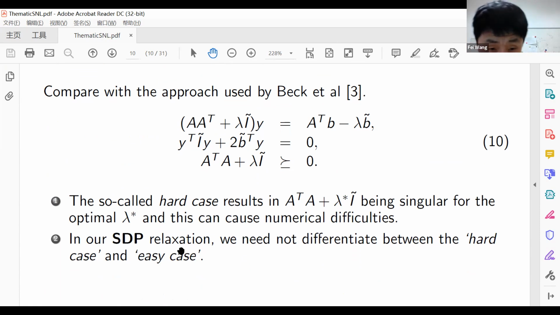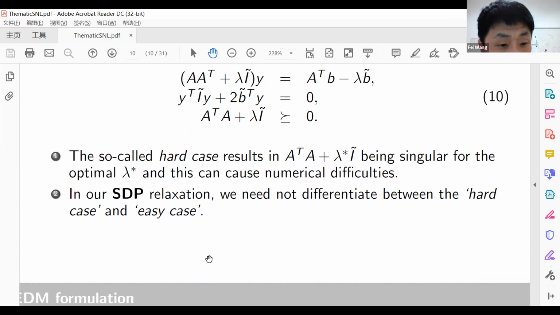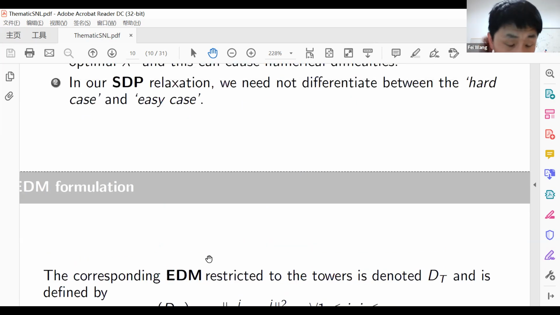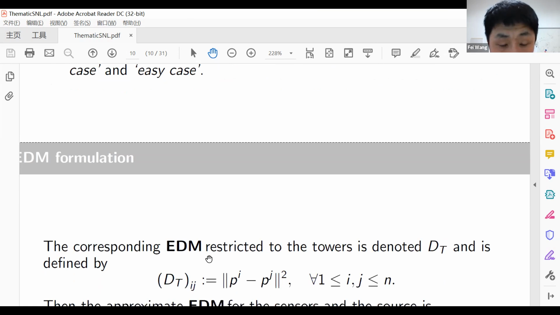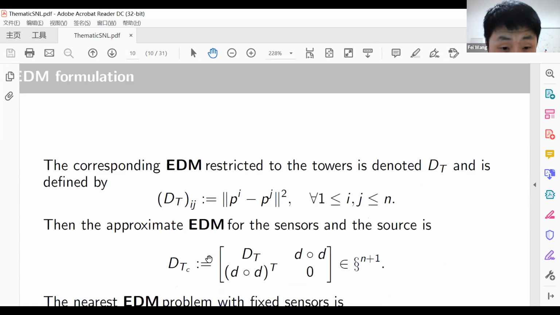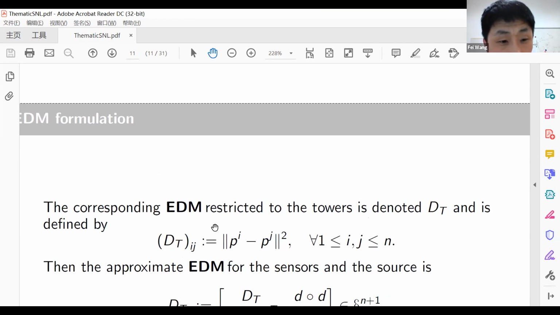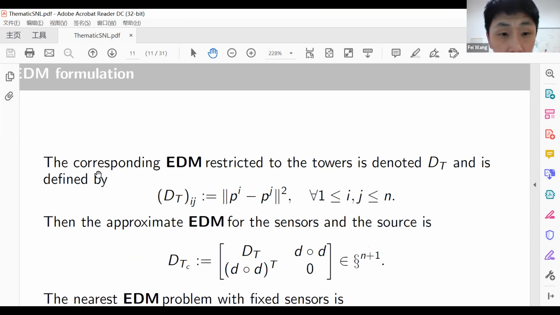So this is the model of the fixed towers, fixed sensors. And secondly, I want to talk about the other 2 models. The first model is actually related to the EDM completion problem. The corresponding EDM is denoted as DT, and is defined by DT_ij, the distance between points.